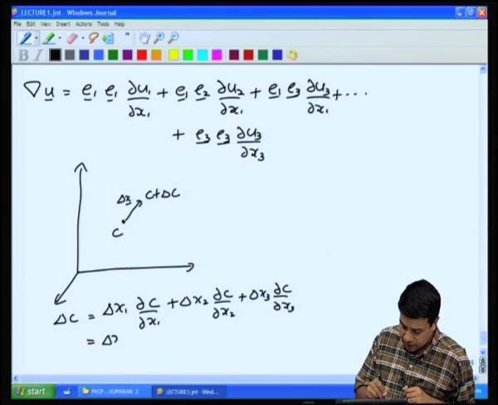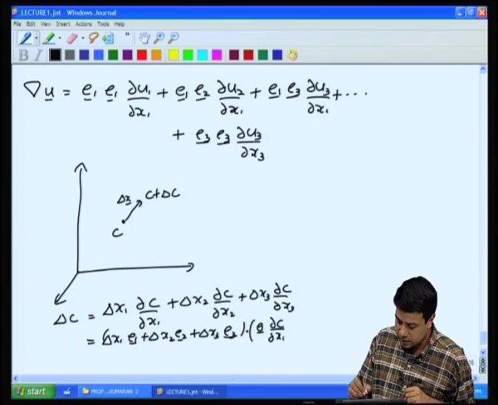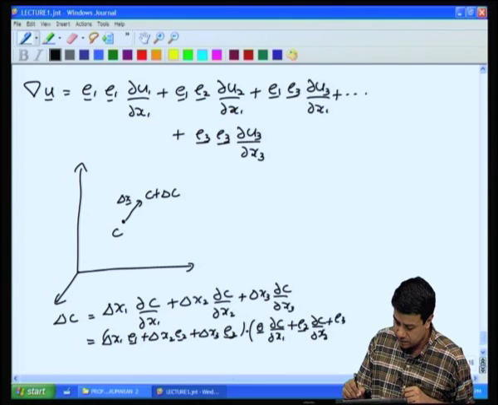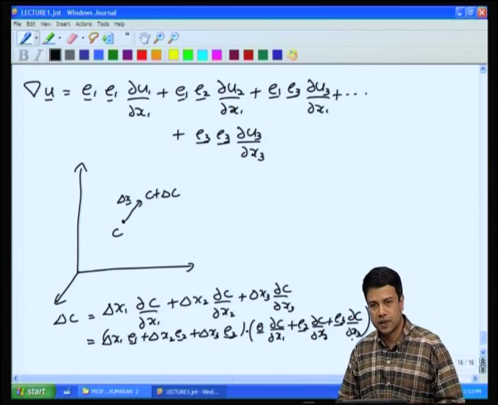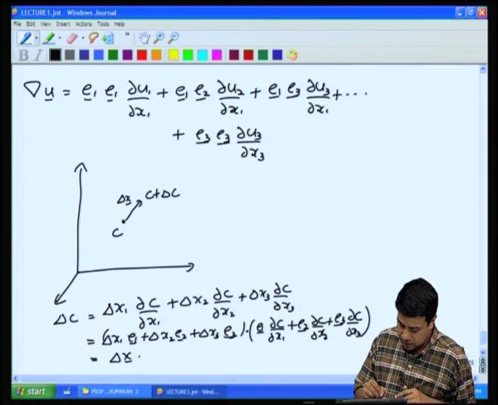equal to delta x 1 E 1 plus delta x 2 E 2 plus delta x 3 E 3 dotted with E 1 partial c by partial x 1 plus E 2 partial c by partial x 2 plus E 3 partial c by partial x 3, or I can write this as delta x dotted with gradient of c.